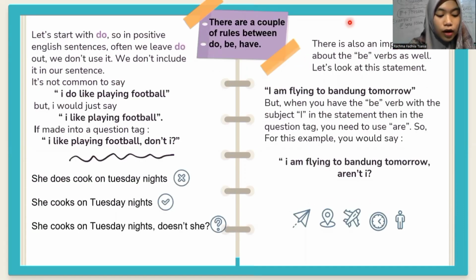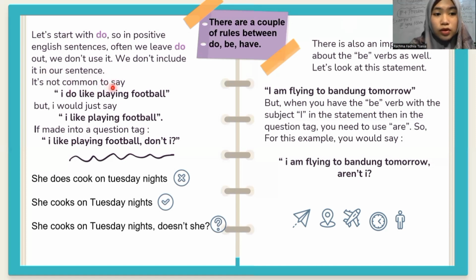But when you are using question tags with do, be, have, there are a couple of rules. Let's start with do. In a positive English sentence, often we leave do out. We don't include it in our sentence.